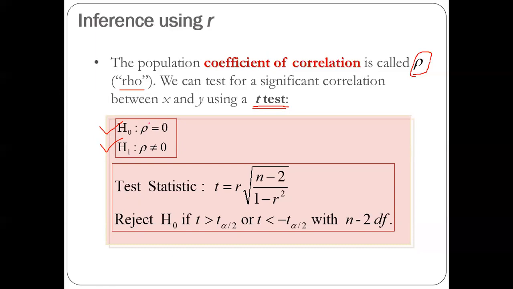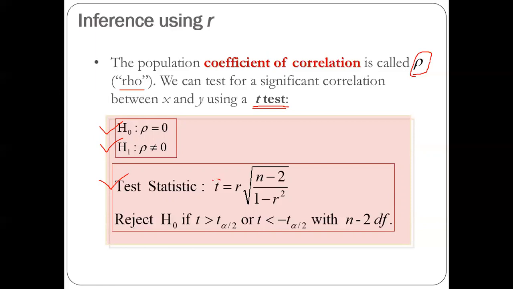So rho is equal to 0 for the null hypothesis, and for H1, the alternative hypothesis, rho is not equal to 0. Now we can move to the next step, that is the test statistic.